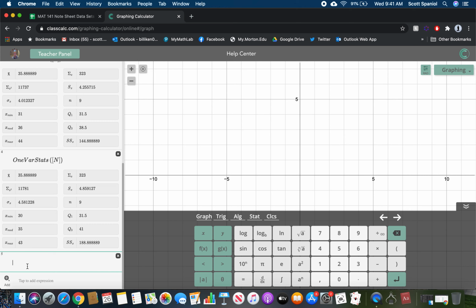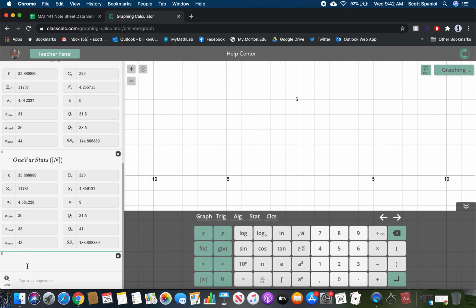So we've got x bar is 35.9. And then this one had a median of 36 and a standard deviation of, notice it said sample, so that's why I'm using s, 4.26. And then for no-till, we get a mean of 35.9, a median of 35, and a standard deviation of 4.86.